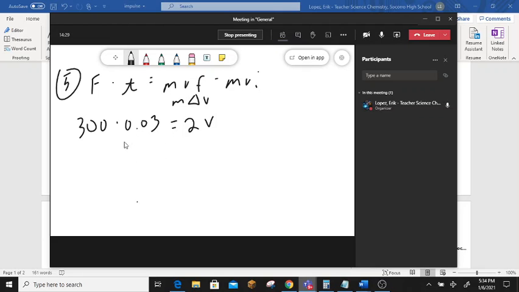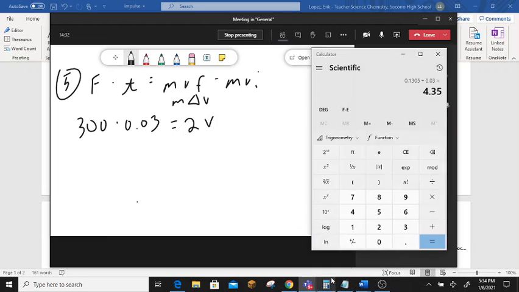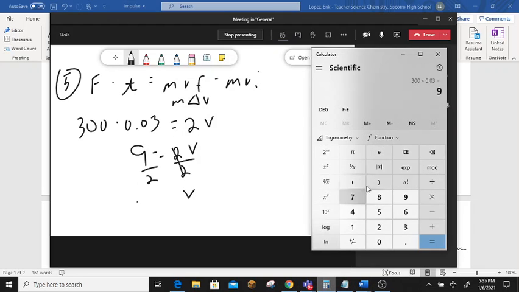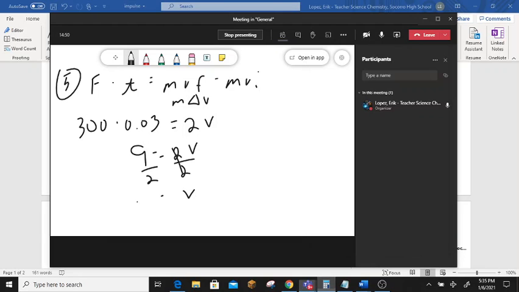All we do is 300 times 0.03, that gives me 9, equals 2v, divide both sides by 2, 9 divided by 2 is 4.5. 4.5 meters per second. So notice this one was way faster to solve than the other ones, right? And yeah, let's keep this party going.